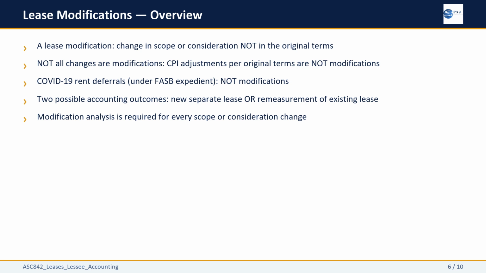Similarly, FASB provided a practical expedient during COVID-19 allowing rent deferrals to be treated as if they were contemplated by the original terms. Those are not modifications either. Every true modification requires an analysis to determine which of 2 accounting paths applies. Is this a new separate lease, or is it a remeasurement of the existing lease?